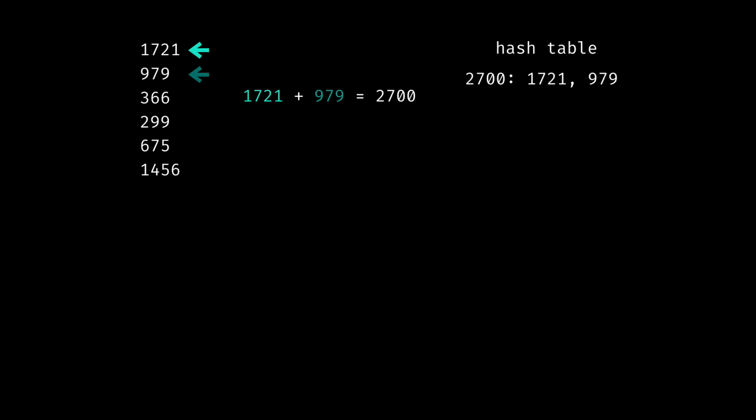So take a moment to notice the pattern, right? The elements of my array that I'm iterating through with my nested loops are 1721 and 979. Notice that those become the values inside of my hash table, and they belong to the key of their sum, which was 2700. So I can carry over this pattern for all other pairs that I iterate through. I keep adding these sums as keys and make the values both of the numbers that led to that sum.